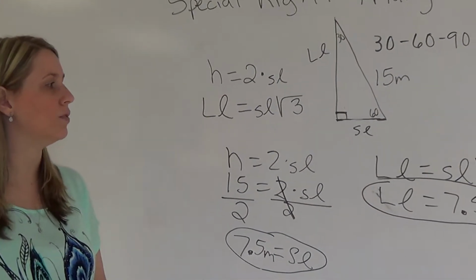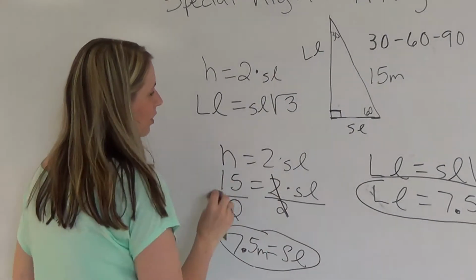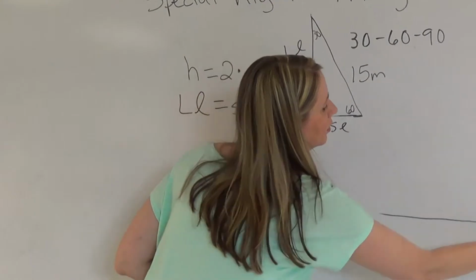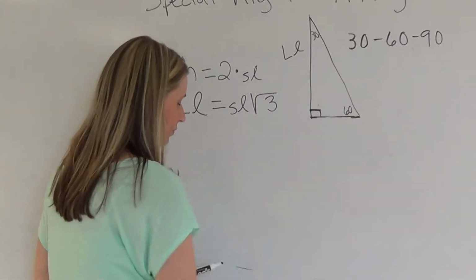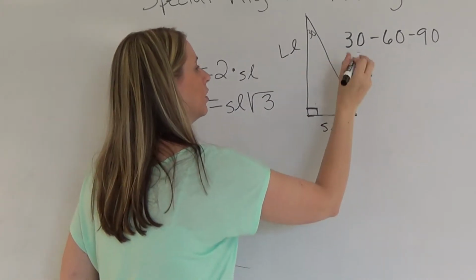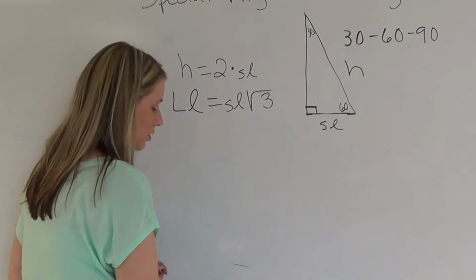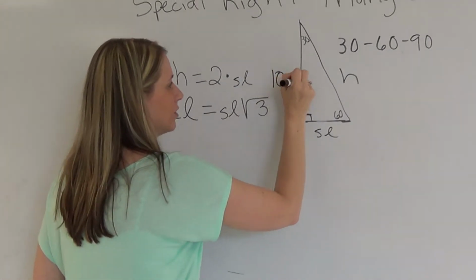The third way is if you had the longer leg first, and it's typically the hardest. So let's start over. Let's say we know what the longer leg is. And the longer leg is 10 inches.